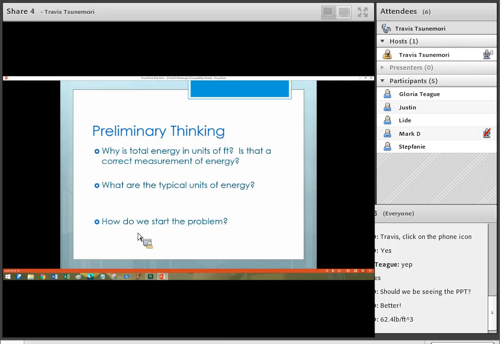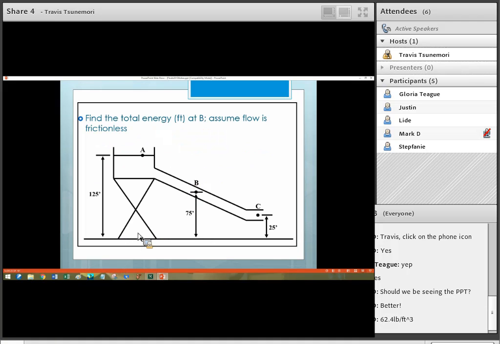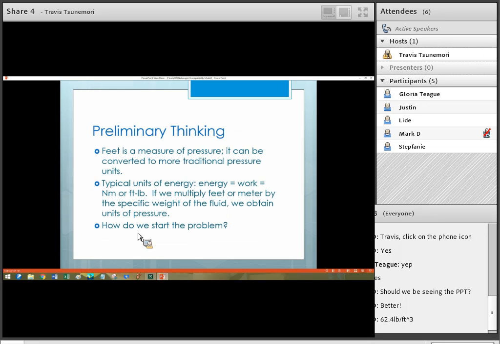Okay, so how do we start this problem? The first thing we want to do is remember that it's a conservation of energy problem. So if we go back up and look at the problem, if we knew the energy at A, then that has to be equal to the energy at B, and it has to be equal to the energy at C. So, okay, feet is a measure of pressure.